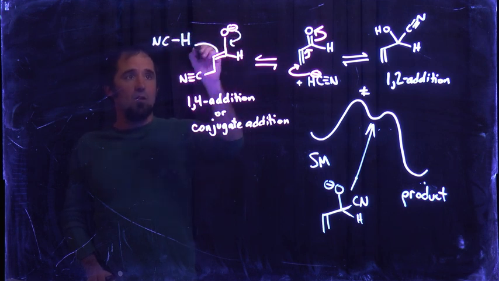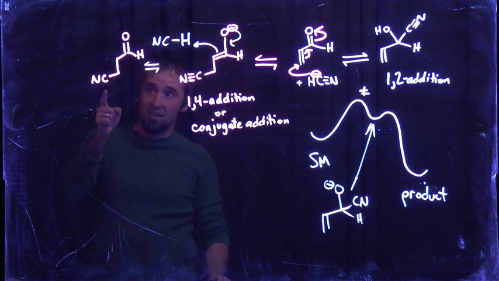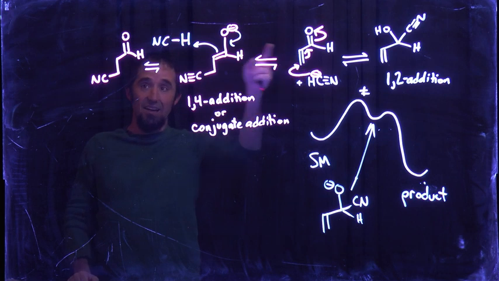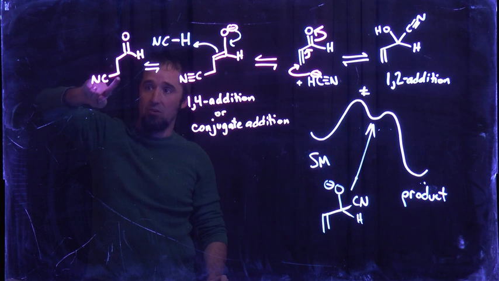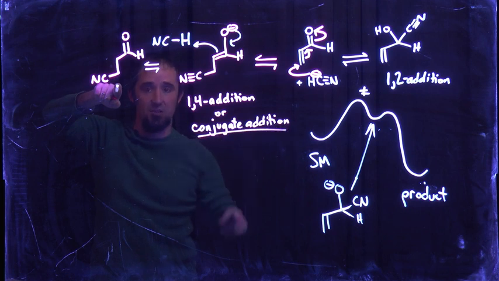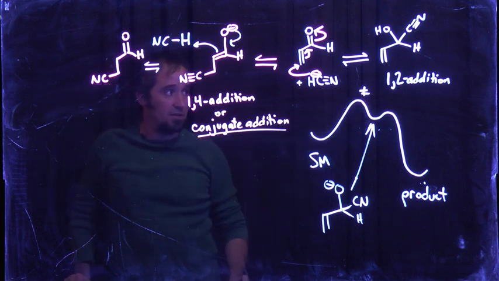And so the actual product of 1,4 addition is this aldehyde. Now I started with an aldehyde, and I end with an aldehyde. I don't have a pi bond here anymore, and I have a new bond over here. So this is a 1,4 addition product, or a conjugate addition product, as opposed to a 1,2 addition product.